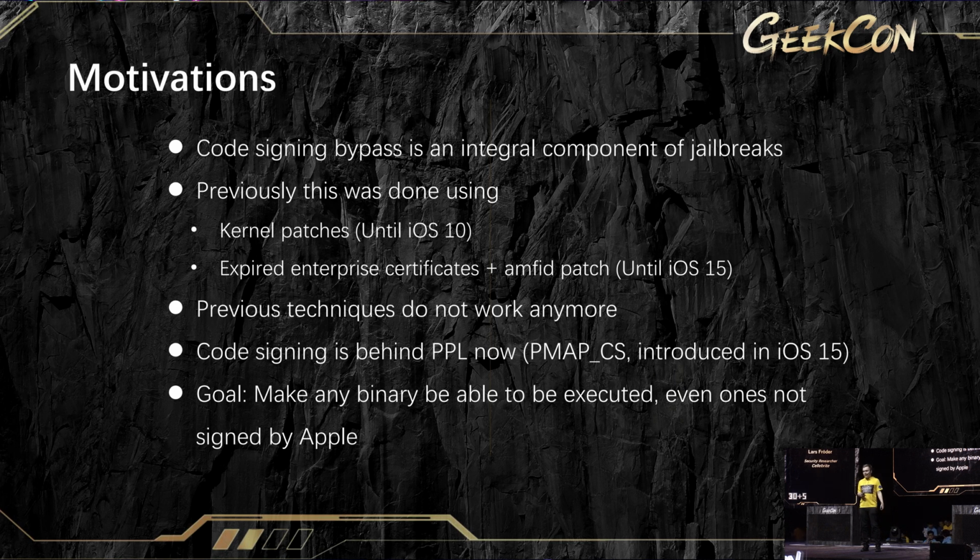This was until iOS 15, when Apple introduced a new feature called PMAP-CS, which puts code signing behind PPL, which is also something I will discuss soon. Our goal today is to modify the system in a way that any binary can execute, whether it's signed by Apple or not.